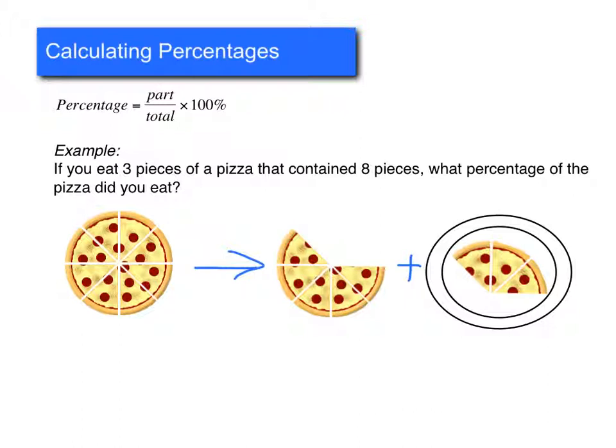The part we're interested in is the part you ate, so that is 3. Then we divide that by the total. That's not the total you took, and it's not the total that's left, it's the total that you started with. There were 8 slices to begin with, so it's 3 divided by 8, times 100%, and that gives us 37.5% of the pizza that you ate.